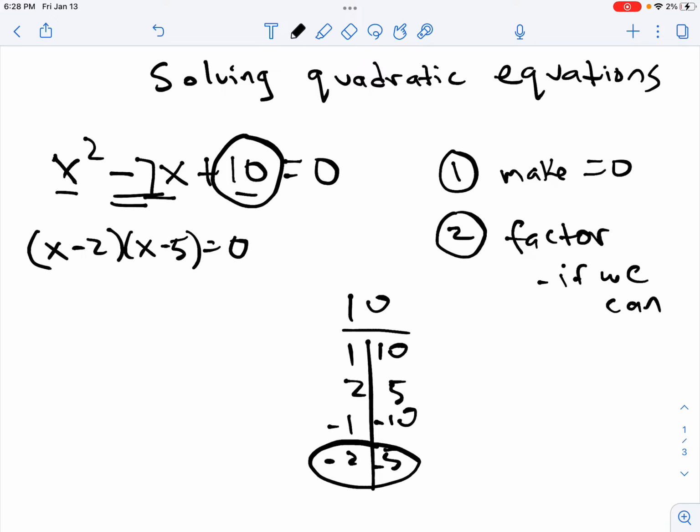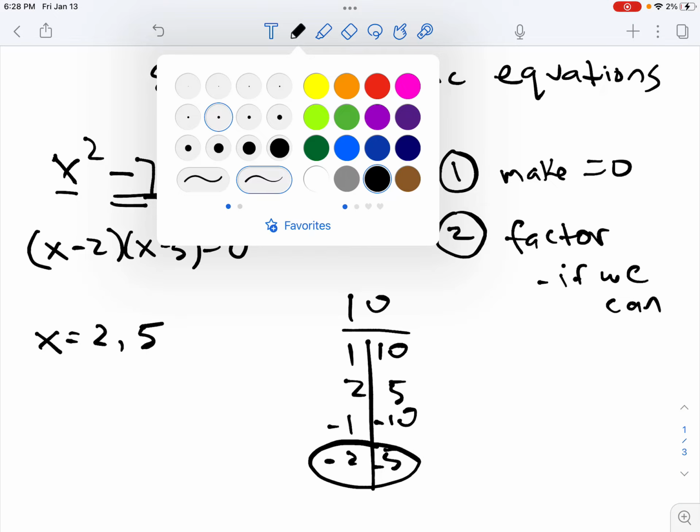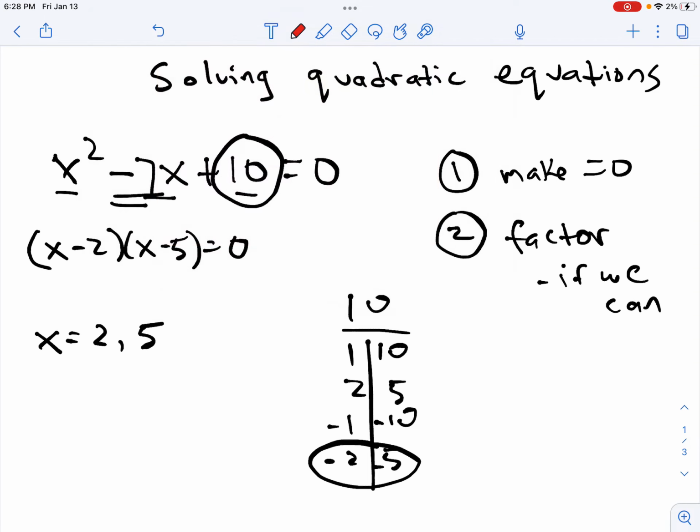Now the two numbers that satisfy this equation are 2 and 5, and they satisfy it because if I was to plug in the number 2 here, 2 minus 2 is 0, and then 0 times whatever that is is 0.